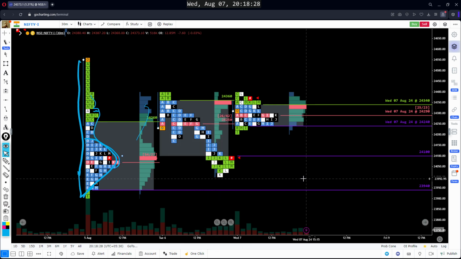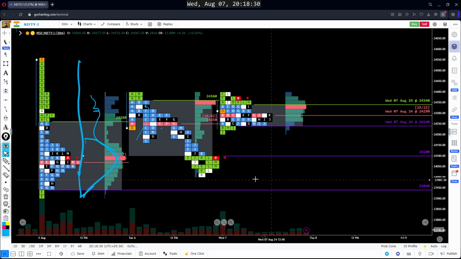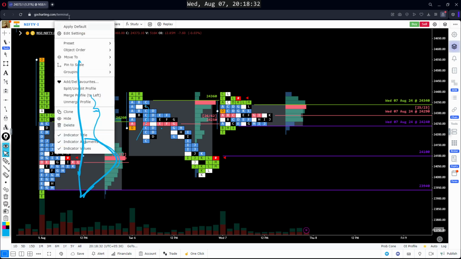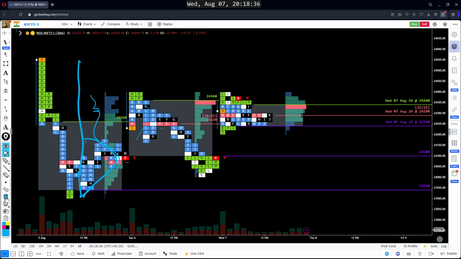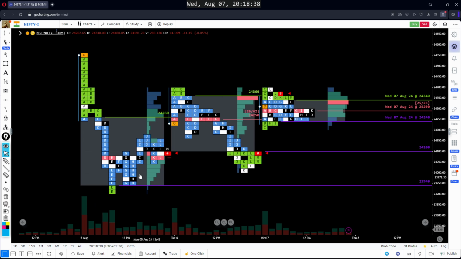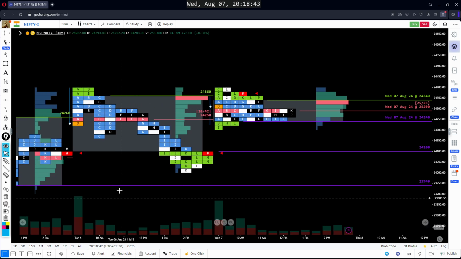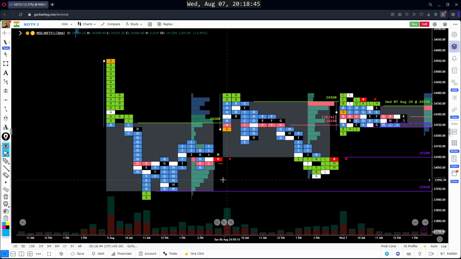So when you split it, then it reveals a much better idea. Like if I split this as well, then you still see that this still holds a B shape, right? I hope you understand what I'm talking about when I'm saying B shape. It still holds the B shape.